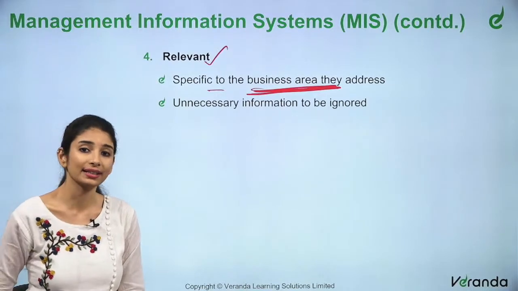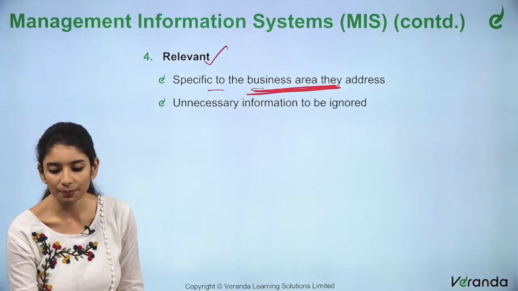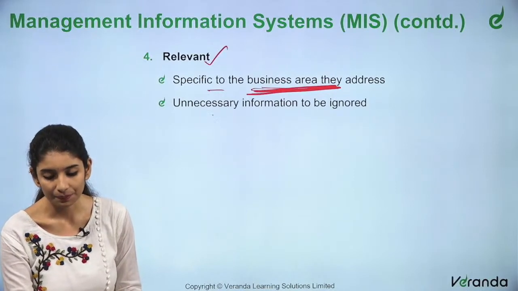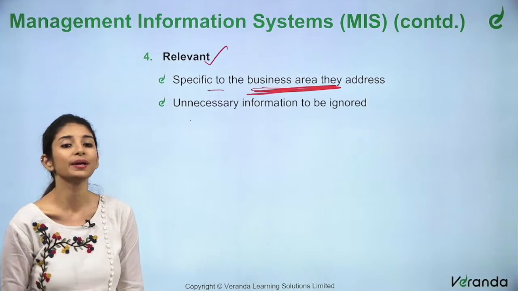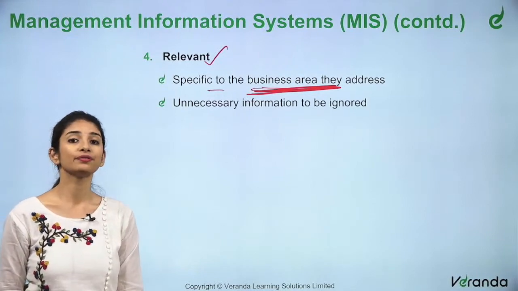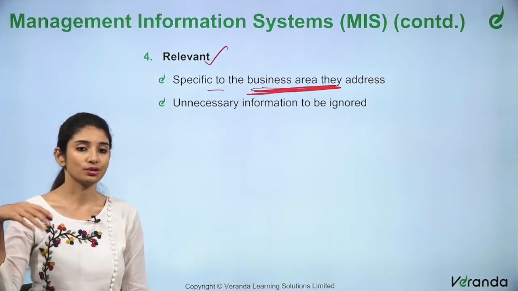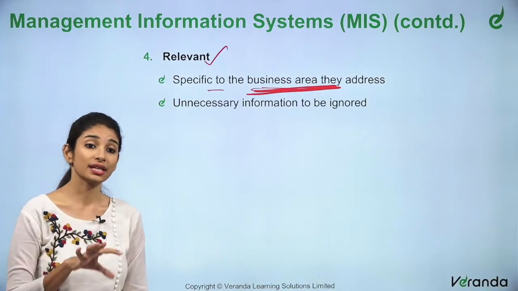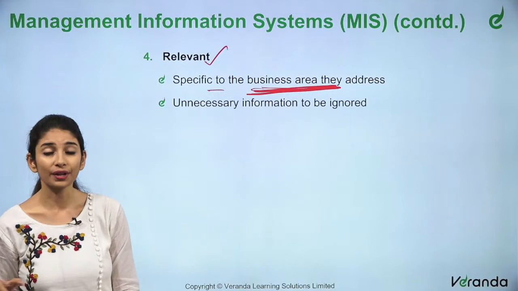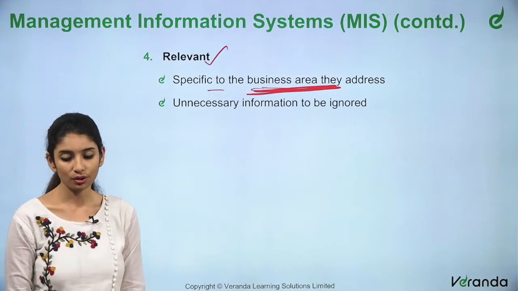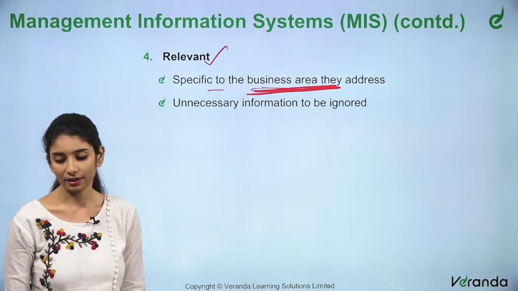It needs to give me exactly what I've asked for, specific to the business area being addressed. Unnecessary information should be ignored. If I'm asking for the sales report, they're going to give me everything, right from purchase to production to marketing to sales. I do not need all of that. I've just asked for the sales report. So it needs to be relevant.